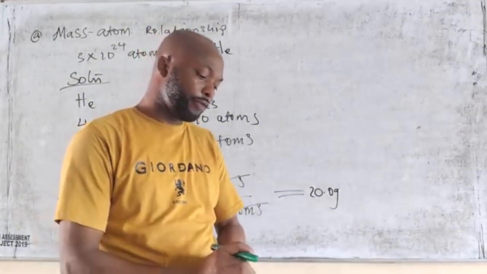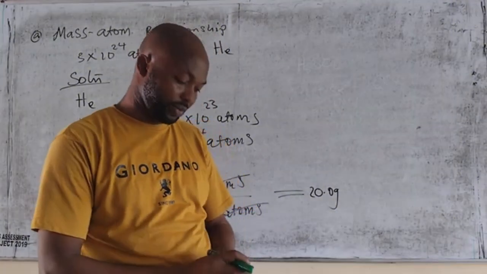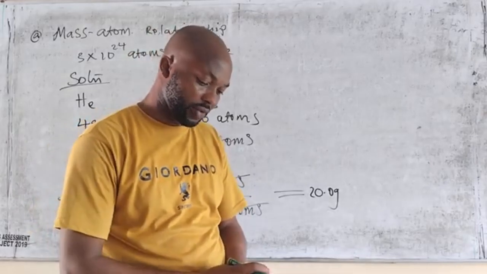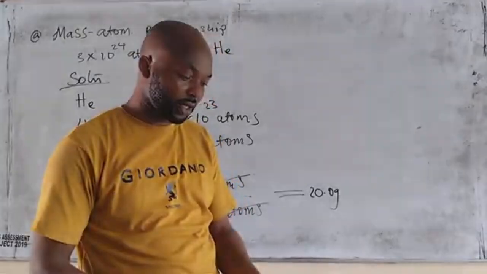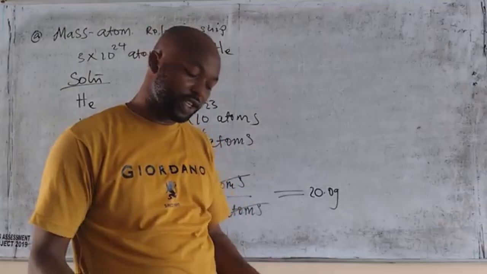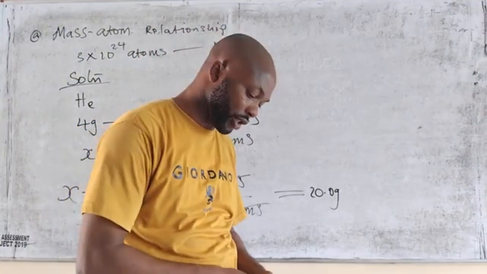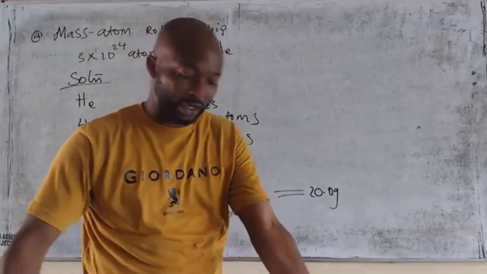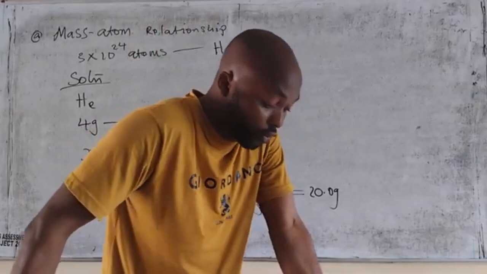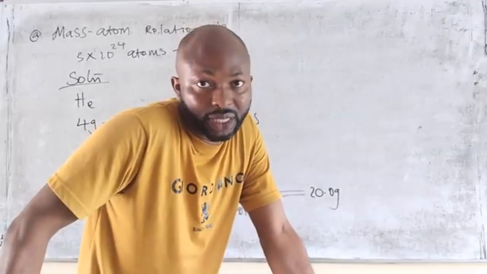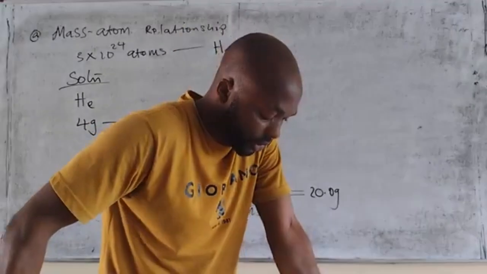Let's take volume mass relationship. We could solve some volume mass relationship or mass volume relationship, but let's take one. All gases, take note, occupy the volume of 22.4 dm³ at STP, standard temperature and pressure.